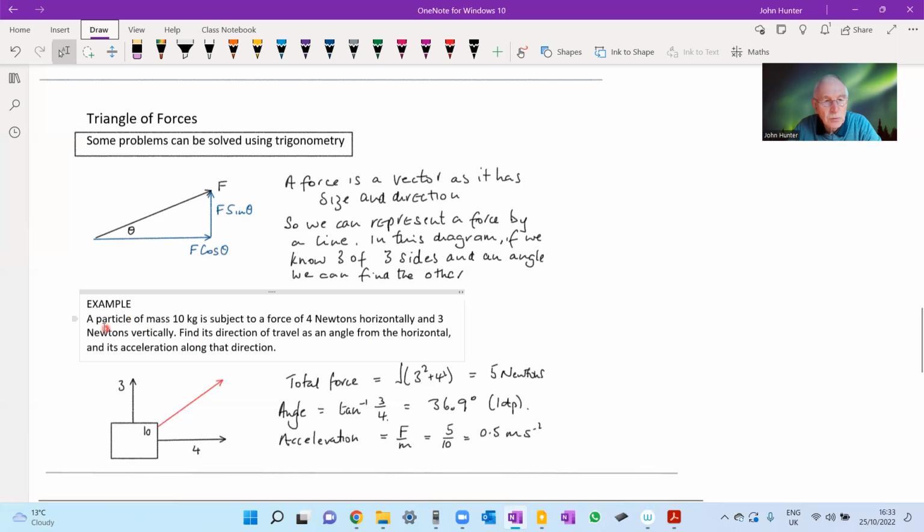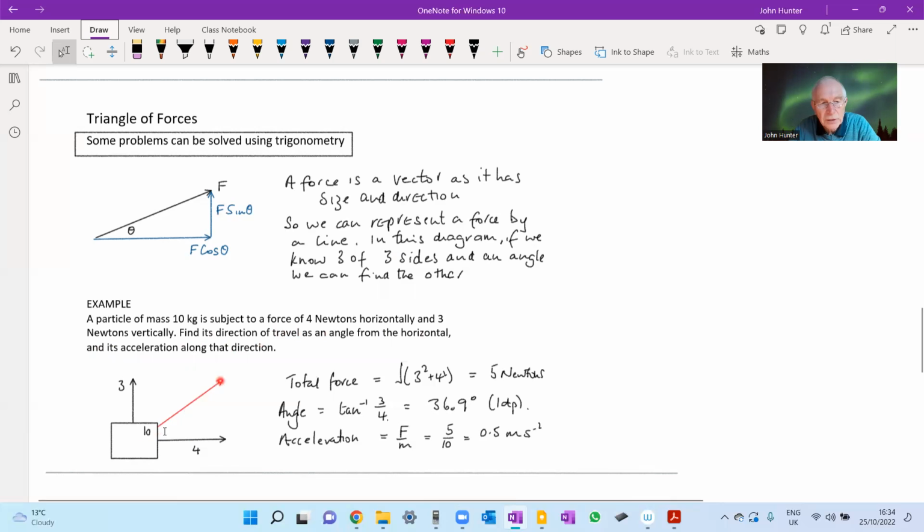So let's have a look at this one. A particle of mass 10 kilograms is subject to a force of 4 newtons horizontally and 3 newtons vertically. We don't know, it might be a string pulling it or somebody's finger pushing it or whatever. Find its direction of travel as an angle from the horizontal and its acceleration along that direction.